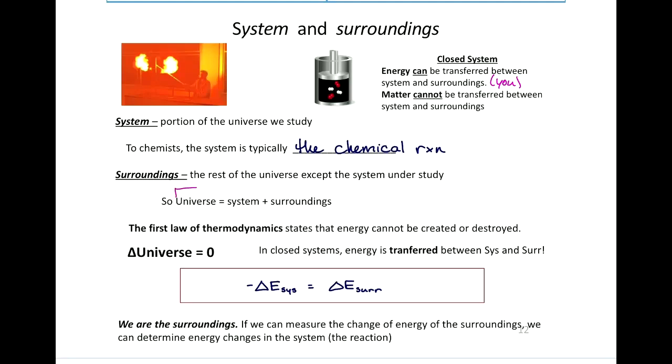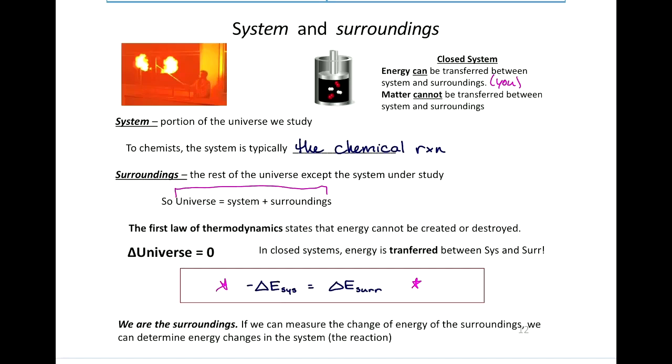So if we define our system and our surroundings carefully, and we know that the energy of the universe never changes, we can say that energy involved in your system is going to be transferred into your surroundings, and we can measure the surroundings. So we're going to be constantly using this idea that whatever is lost in your system is gained by your surroundings.